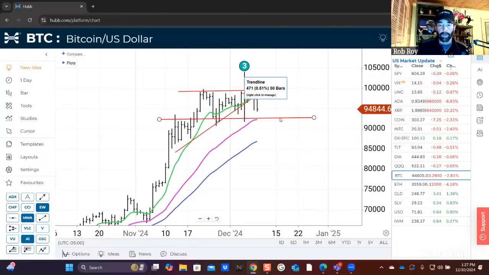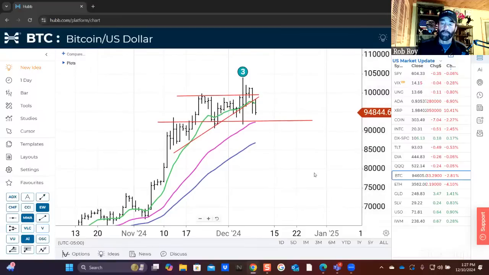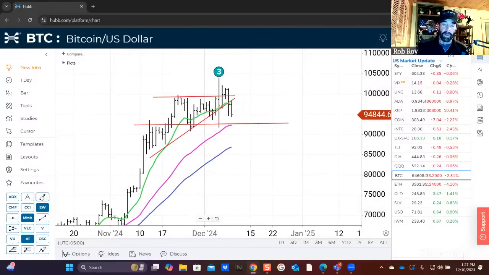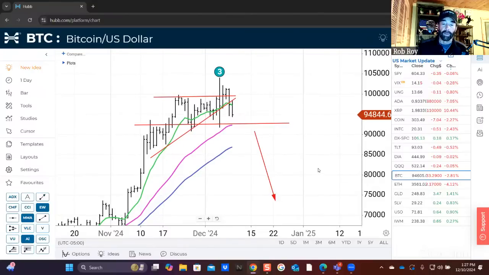So it'd be like about 92,000. We could drift down there, but that's the area we need to hold, right in the 90 to 92,000 corridor there. Because if we break that, then we have a significant move lower in Bitcoin. We could be coming all the way back down and retrace the post-election rally. That's a possibility if we break below 90,000.